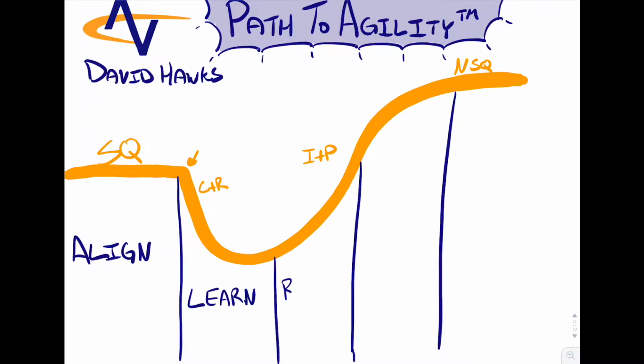And when we start getting better, we start looking at the next stage, which is what we call predict. So we want to get a predictable cadence of delivery. We're not saying that we are predictable in a way where we could know exactly what we'll deliver 6 months from now. But what we want to do is create a culture or a practice where every couple weeks we know that we can get about 10 things done, or whatever that number might be, that we have a predictable velocity.